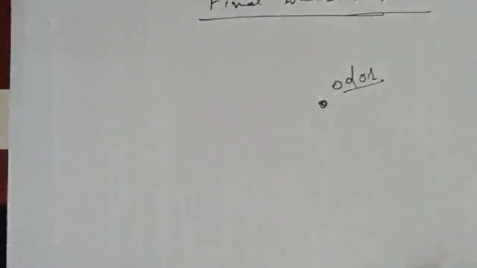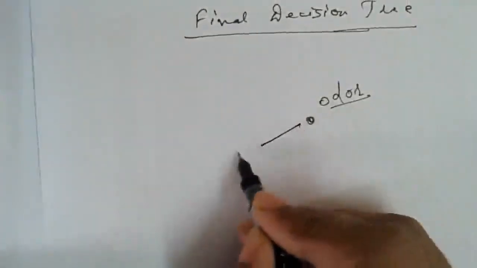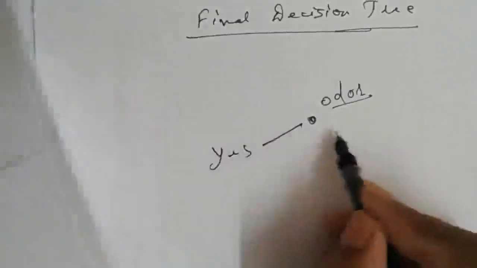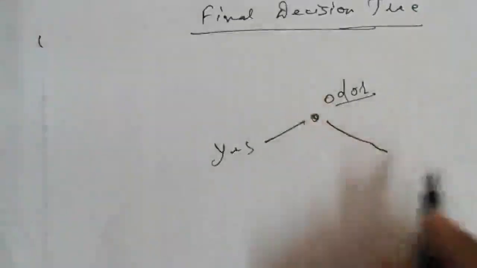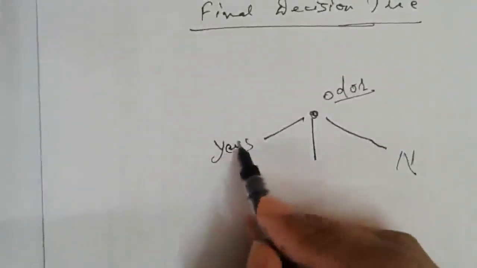So order has these three values 1, 2, 3. From the table we can see if we take order 1 we have only yes. If we take order 3 we have only no. Now for 2 we have both yes and no. So these are certain events, right?